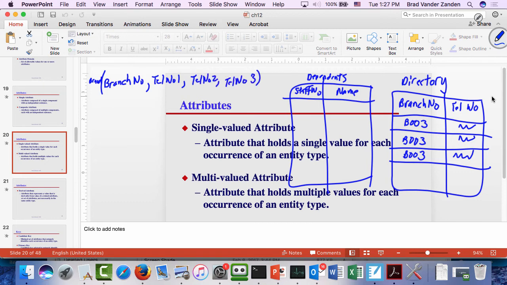That's just a horrible solution, though. Creates all kinds of problems. First of all, there's often a lot of nulls in there, which means you have wasted space. Secondly, it complicates your queries because now you're having to say telephone number 1 equals, or telephone number 2 equals, or telephone number 3 equals.